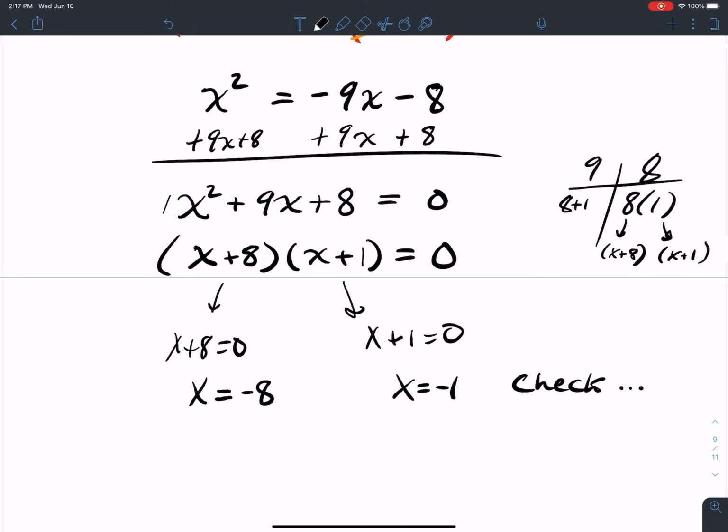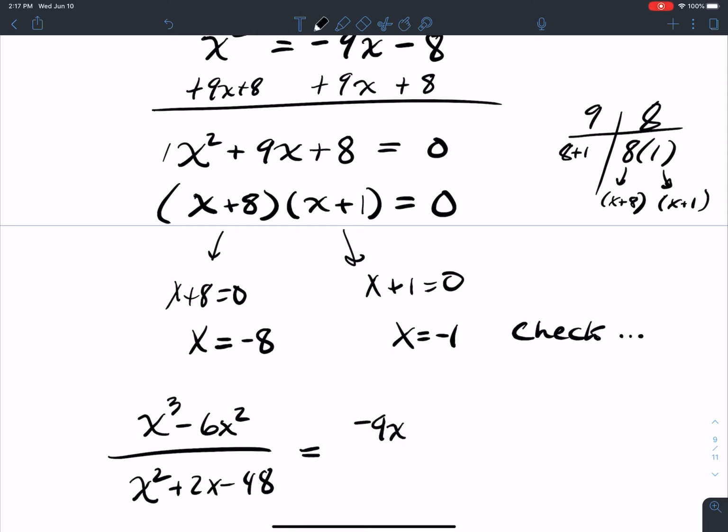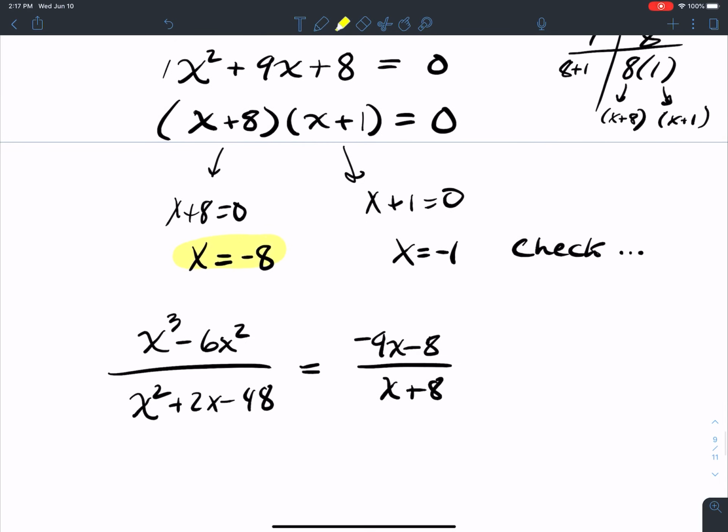We got to check it. So check with the original equation. The original equation was (x cubed minus 6x squared) over (x squared plus 2x minus 48) equals (negative 9x minus 8) over (x plus 8). Well, guess what happens if I plug negative 8 in here?